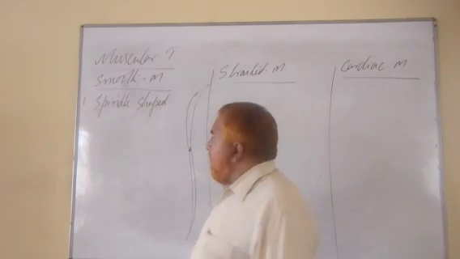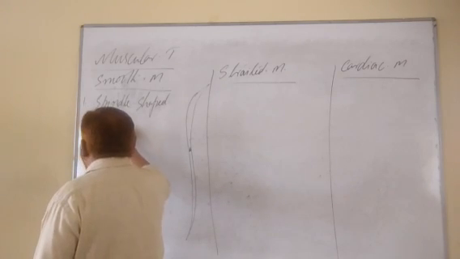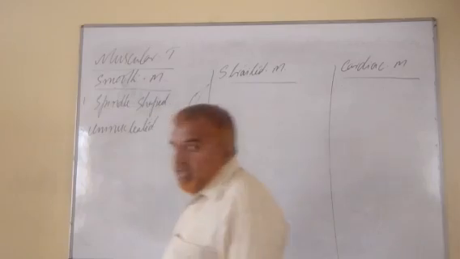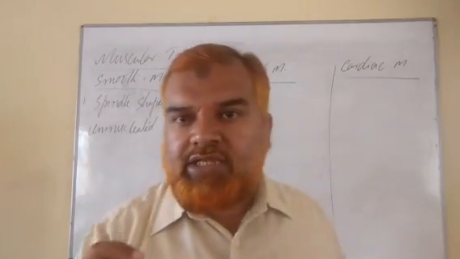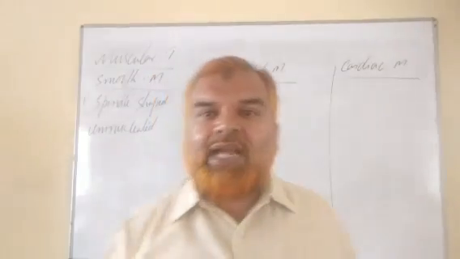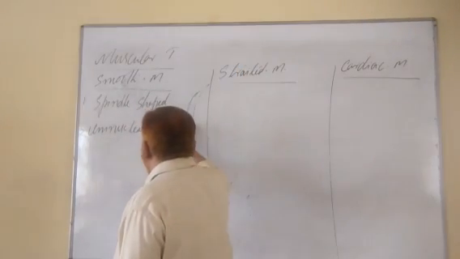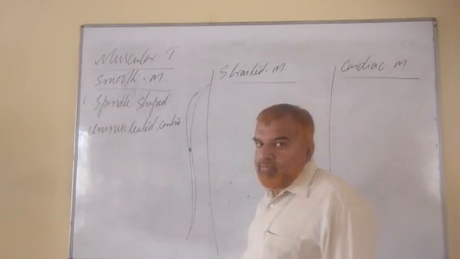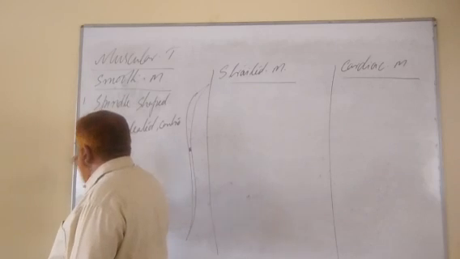Spindle shaped in structure. Clear? The next point is that they are uninucleated. They have only a single nucleus. Where? In the center. The nucleus is found present in the center. Clear? Understand? Spindle shape, uninucleated. Clear?